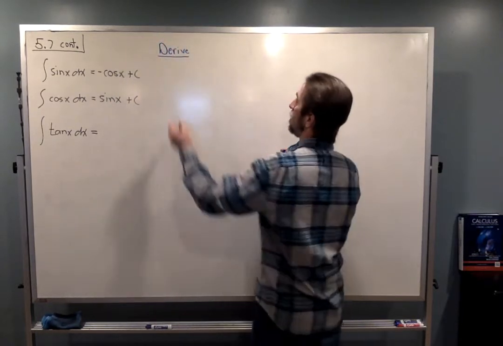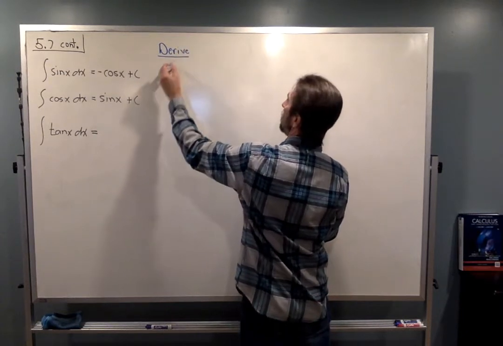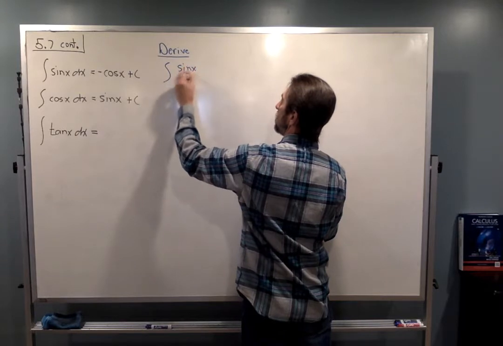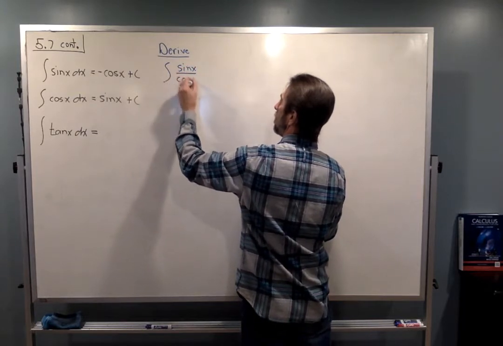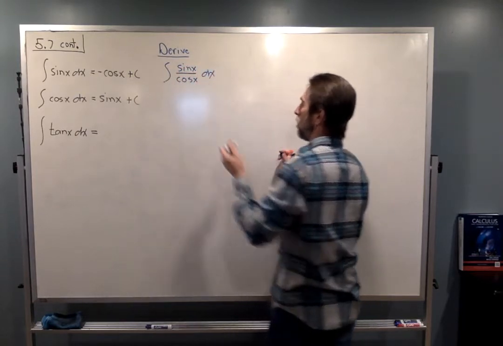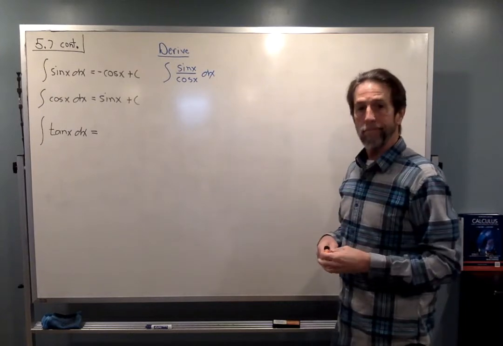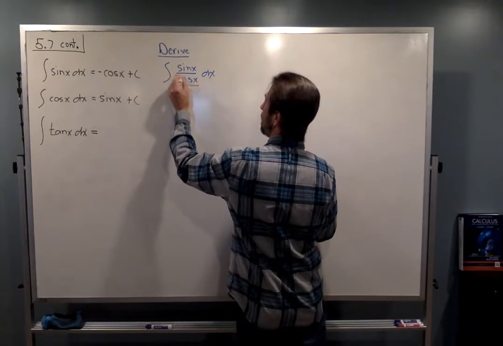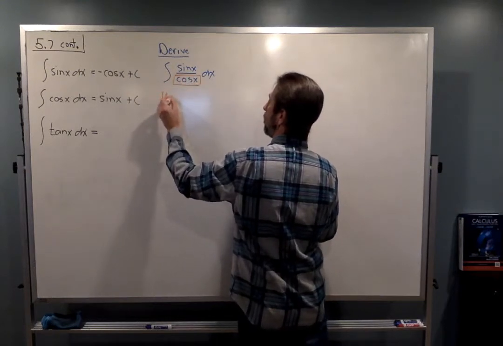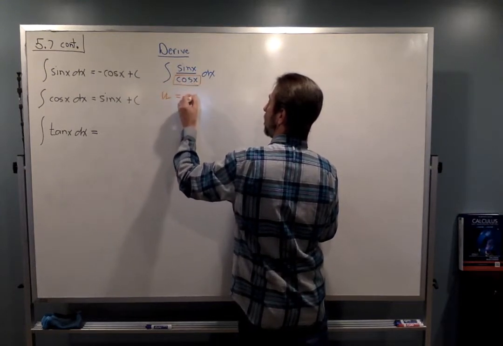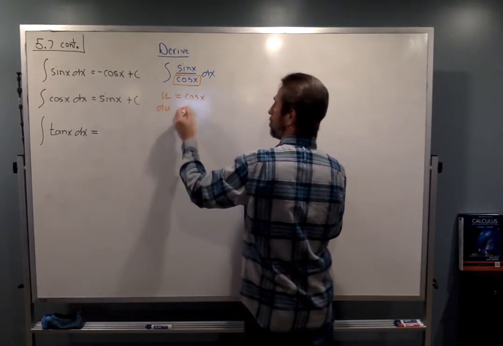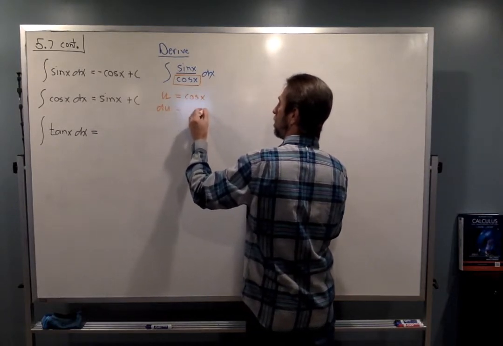Let's derive this. I'm going to think of this as the integral of sine of x over cosine x. Well, guess what? I can now use u substitution. I can let u be the denominator. du is going to be its derivative, which is negative sine.